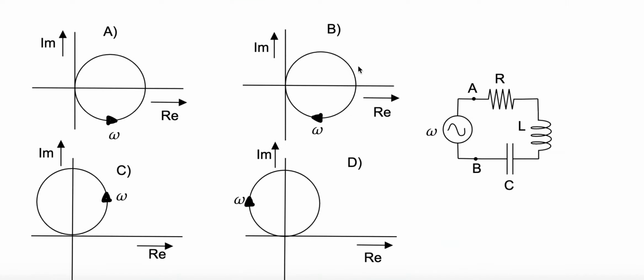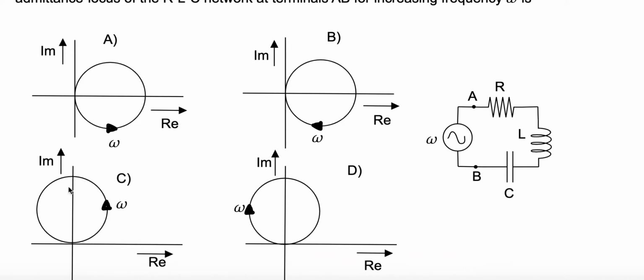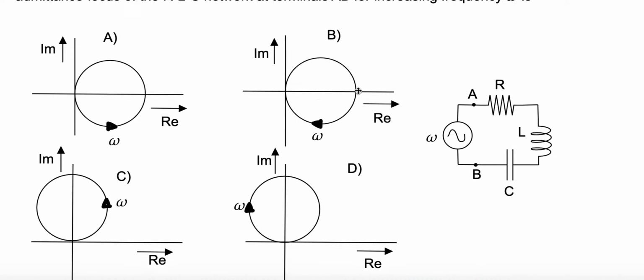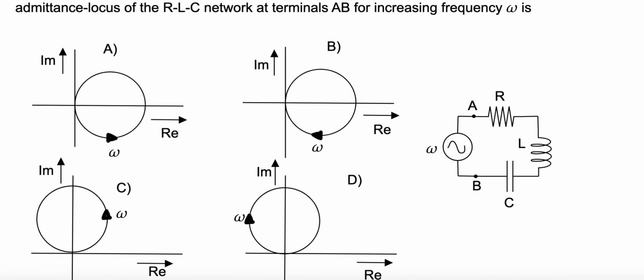At resonating frequency, it becomes real, and that point is here. These two cannot be the answers, because at resonating frequency it cannot be imaginary, it can be real only. So B is the answer. Can we take B? Yes, I suppose.